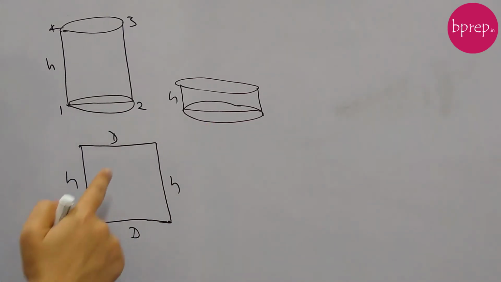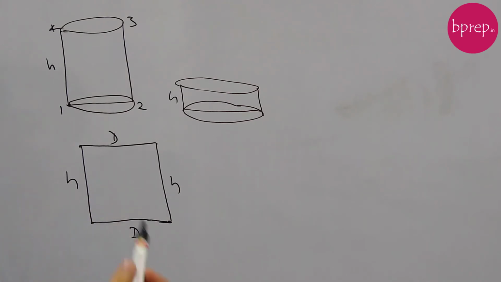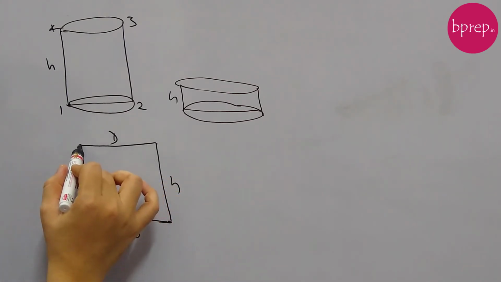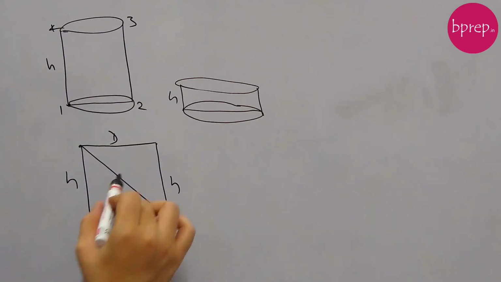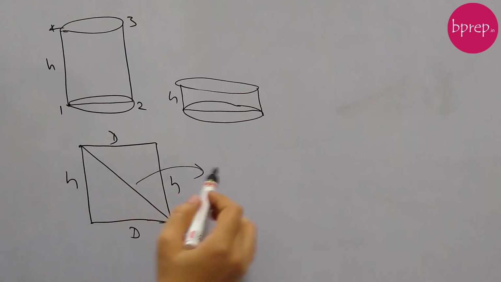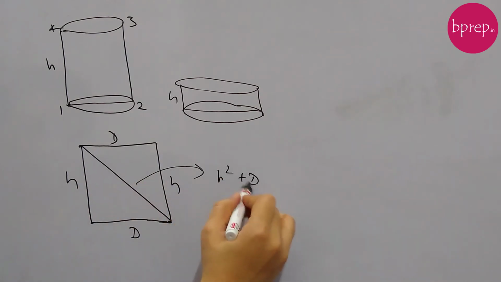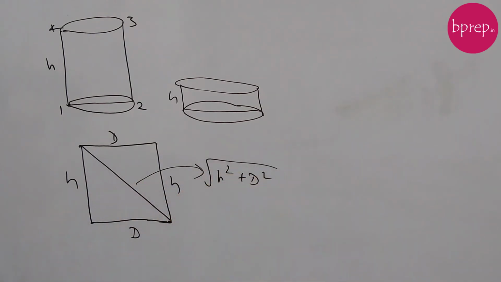So now if you see, in this plane, this is a rectangle, and in a rectangle the diagonal of the rectangle is always maximum, right? And here the diagonal will be √(h² + d²), where h is the height of the cylinder and d is the diameter of the base of the cylinder, right?